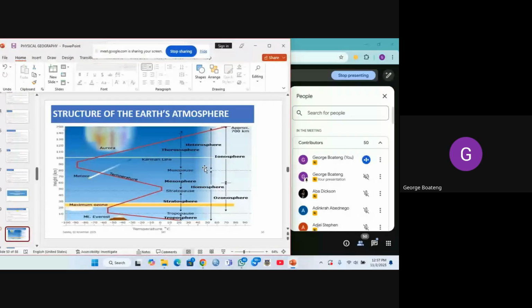All, or most of the dominant, weather activities occur here. It is within the troposphere alone that we have rainfall. So anytime you go above the troposphere, there's no rainfall.